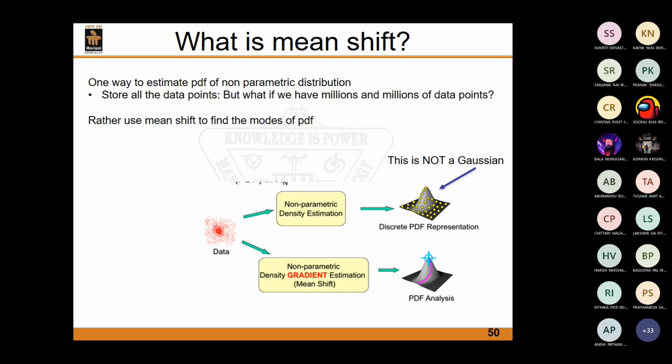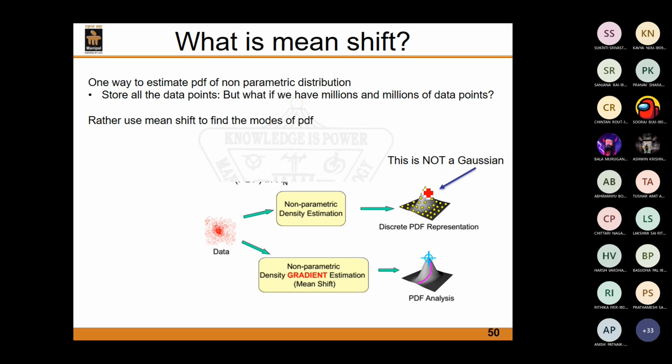Let's have a look at this particular example which you see here. As I said earlier, the mean shift would help to determine the peak of the PDF, assuming that peak is the densest region in that particular data distribution.